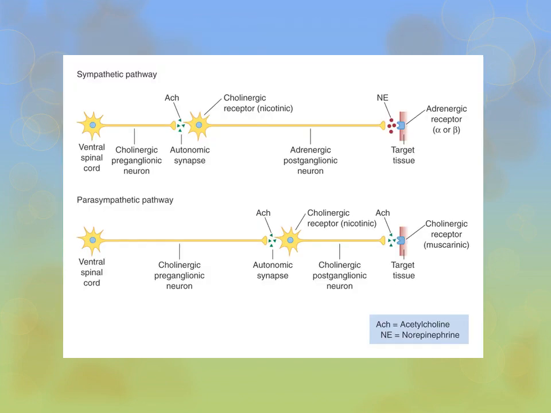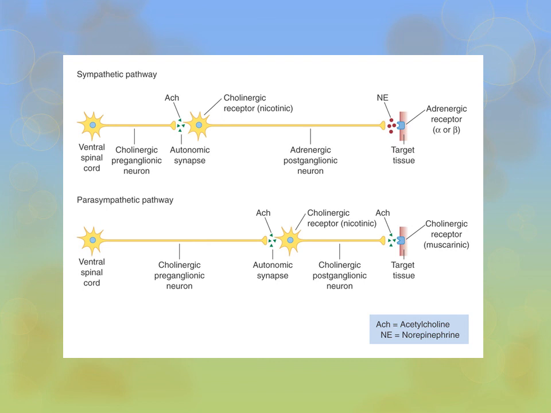So this is just a visual for the SNS and the PSNS. You can see that the end result with the sympathetic nervous system is the release of this norepinephrine at the target tissue, and this is where the action is going to occur.